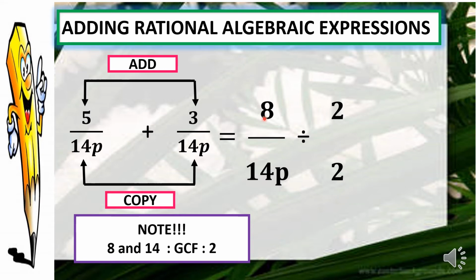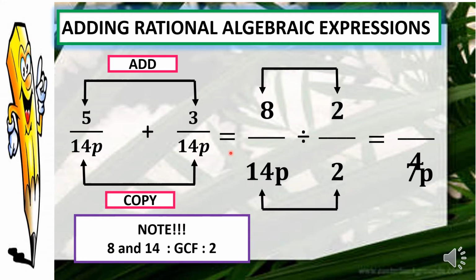So 8 divided by 2, and then 14p divided by 2. 14 divided by 2, yun ay 7, then copy lang yung letter p. Sa numerator, you have 8 divided by 2, so ang sagot natin dyan is 4. So therefore, ang sum nito is equal to 4 over 7p.